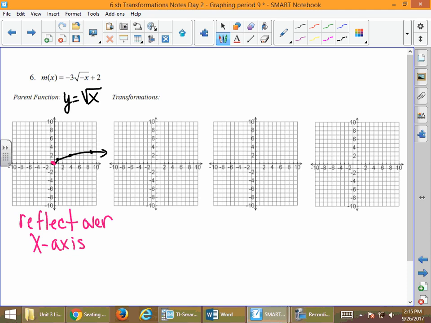But use your hand gesture, even though you can't see it on the video, use your hand gesture if you need to. This is going to become 1, negative 1. Instead of 4, 2, it's going to become 4, negative 2. Instead of 9, 3, it's going to become 9, negative 3. There's our reflection over the x-axis.